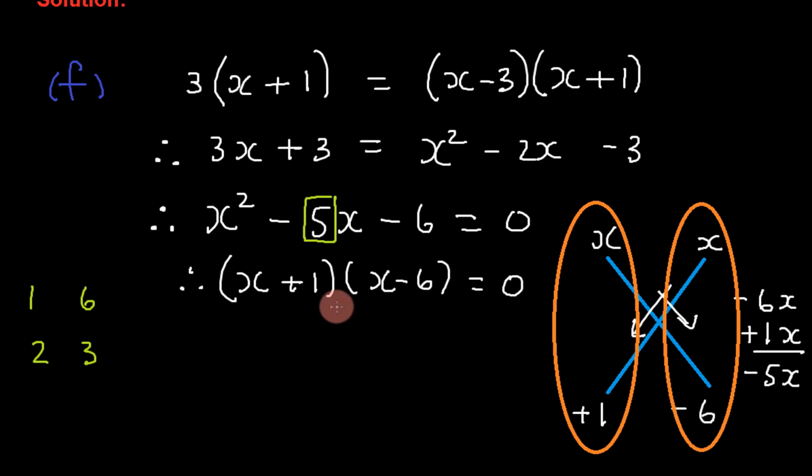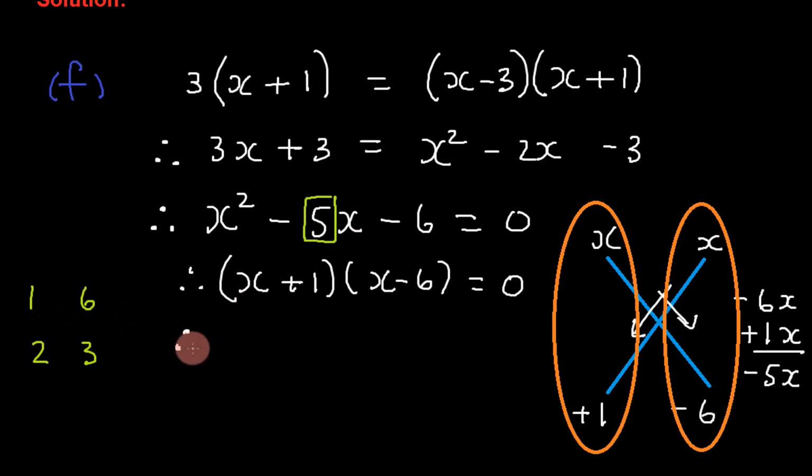We multiply out mentally. X times x is x squared. Positive 1 times negative 6 is negative 6. Then we have positive x minus 6x is negative 5x. So 1 and 6 does work.